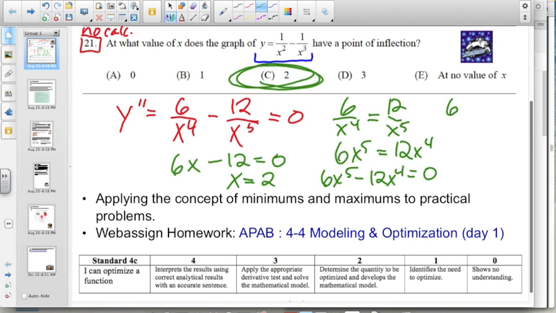So if we factor out a 6x to the 4th, we're left with that solution. What does this solution imply? There's two zeros, right? One is what? What makes this 0? 0. And then this one is, yeah, that's the answer we were getting over here. And they're both an option here.